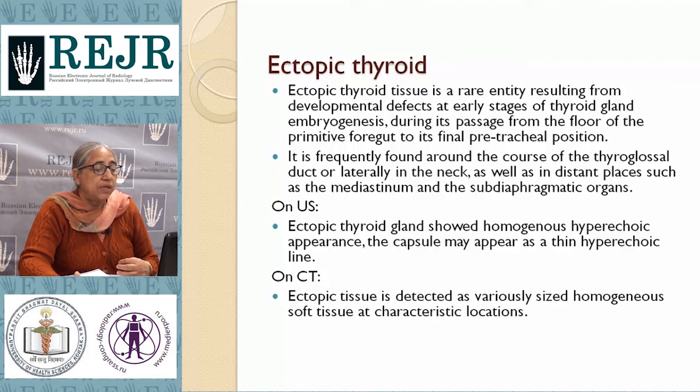On ultrasound, ectopic thyroid gland shows homogeneous hyperechoic appearance, and the capsule may appear as a thin hyperechoic line. On CT, the ectopic tissue is detected as variously sized homogeneous soft tissue at characteristic locations.